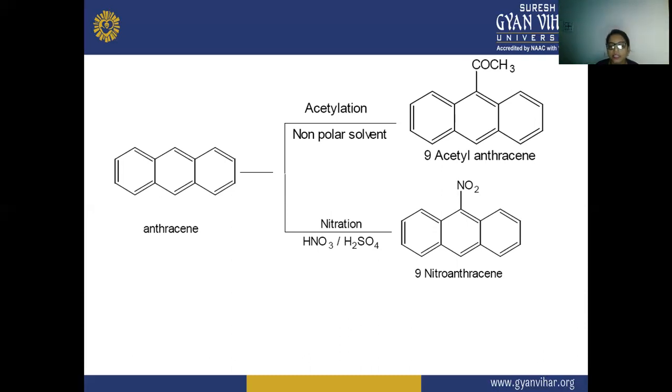Secondly, it was sulfonation, and in sulfonation the reaction is undergoing in the presence of sulfuric acid, and when anthracene is reacting with the sulfonic acid, a sulfonic acid is formed here. In this, you can see two products are formed: anthracene-1-sulfonic acid and anthracene-2-sulfonic acid.